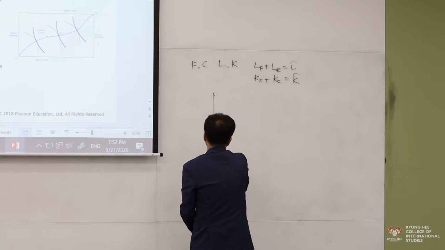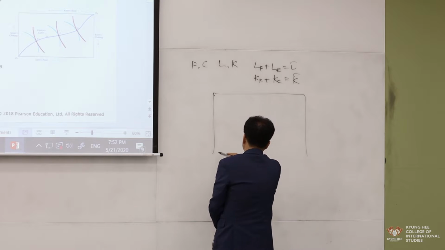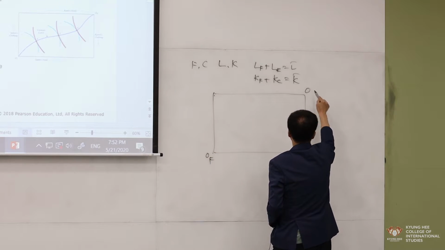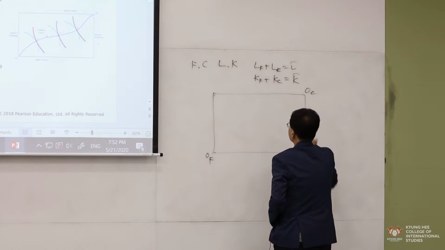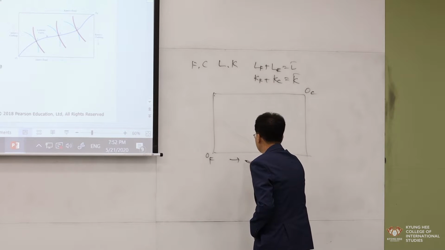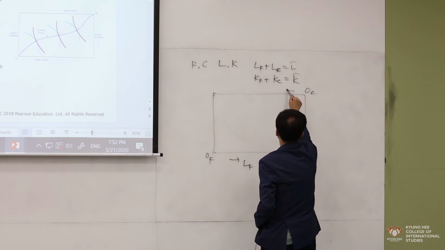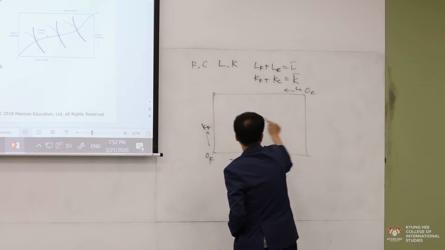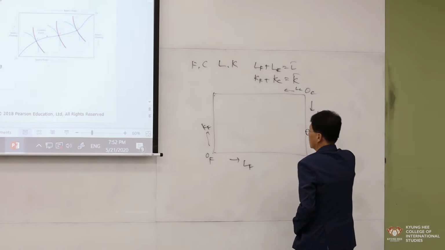Then we can make this kind of HOS box. That is the origin of food production, that is the origin of clothing production, and that is LF, LC, KF, and KC.